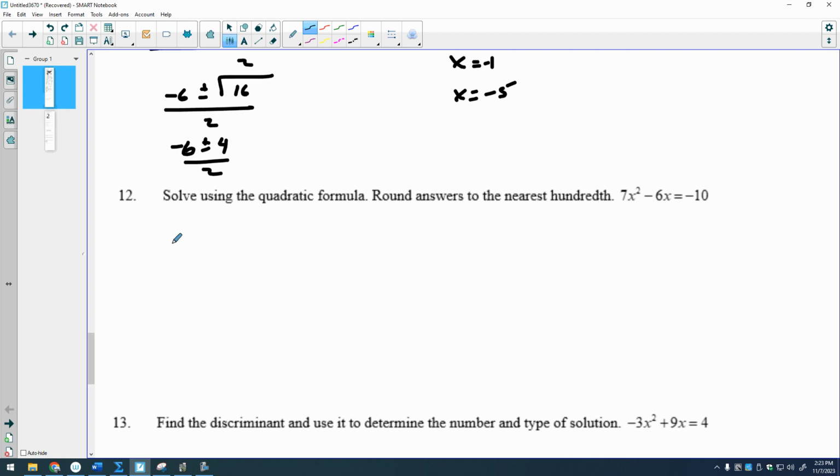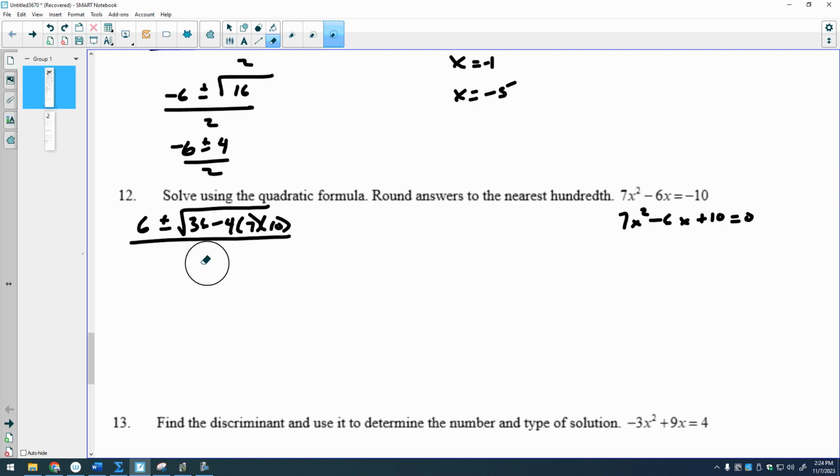Question 12. Solve using the quadratic formula. Sounds familiar. Do the exact same thing. Set it equal to 0. Negative b, this time a negative negative is a positive 6. However, underneath the b squared is still just 36 minus 4 times a times c, all over 2a, which is 2 times 7, which is 14.